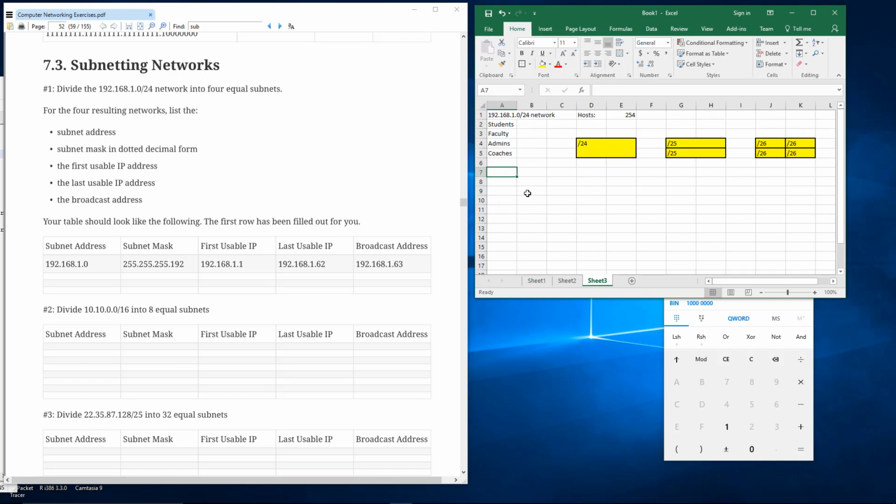And now we want to enumerate these subnets. So we've got our subnet address, subnet mask, first usable IP, last usable IP, and our broadcast address.